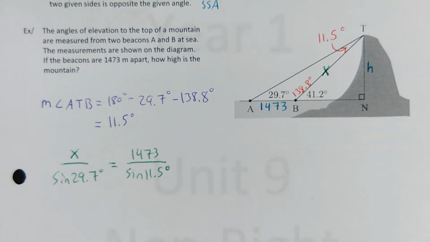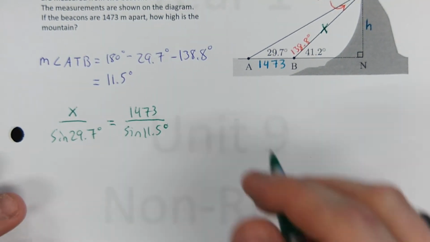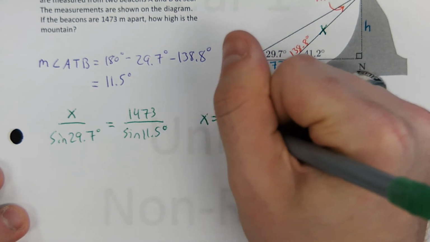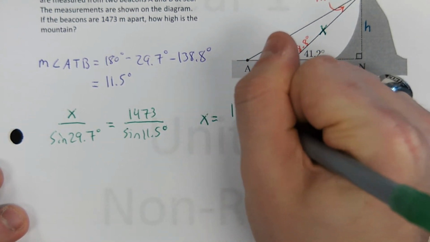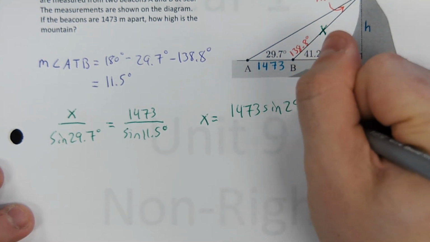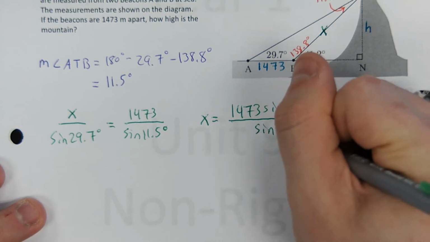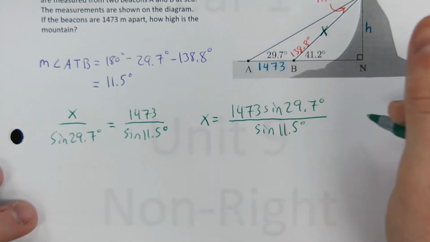So we can solve for side length x simply by multiplying both sides of that equation by sine of 29.7 degrees. x is 1473 sine of 29.7 degrees, all divided by sine of 11.5 degrees.